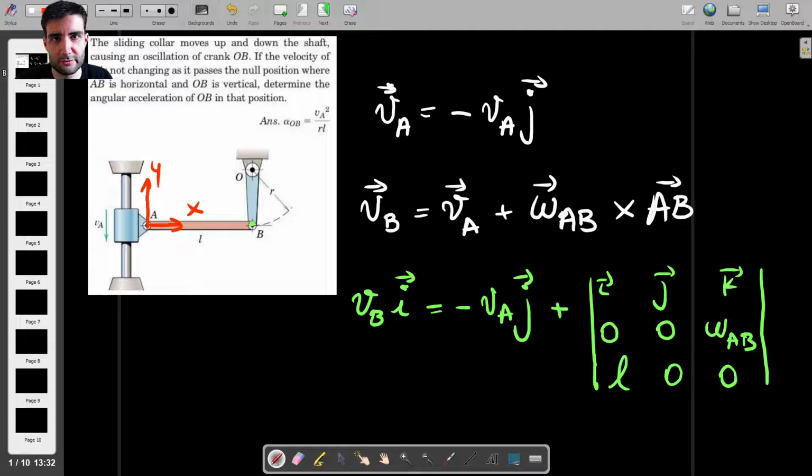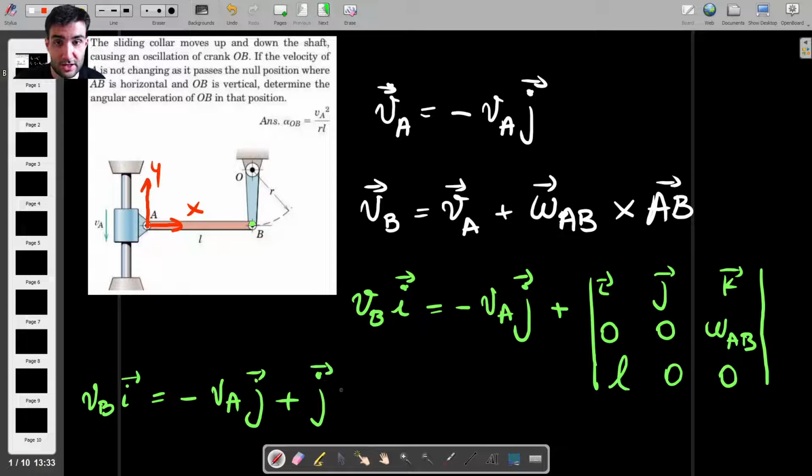Because the position vector of B only has an x component, which is given by the distance L. So VB times i is therefore equal to minus VA times j plus, and this determinant only has the j component associated with it, which is omega AB L.